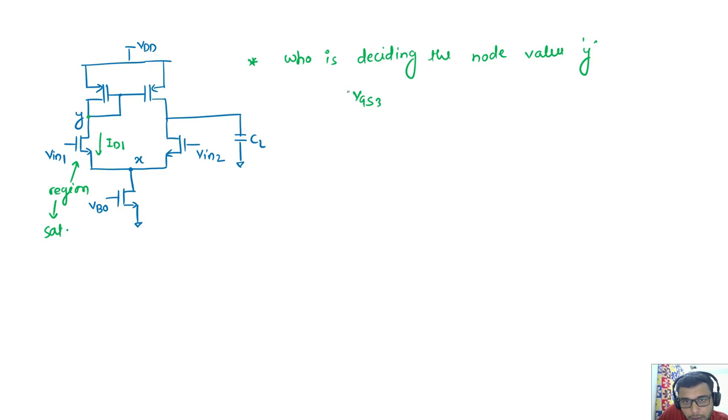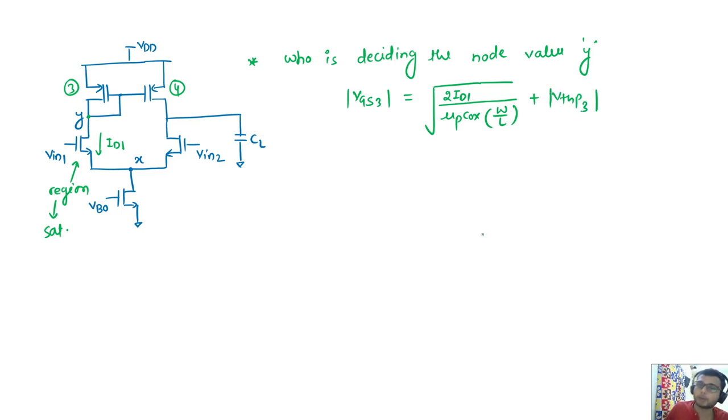VGS of M3 is the square root of 2ID1 by mu Cox W by L, plus VTHP of 3.